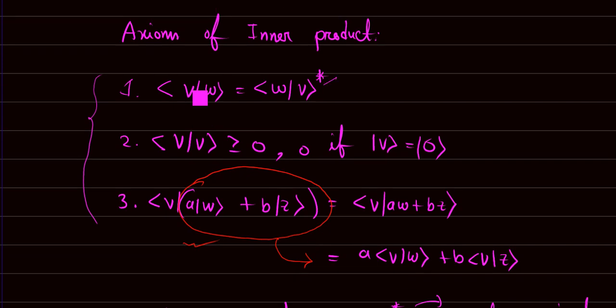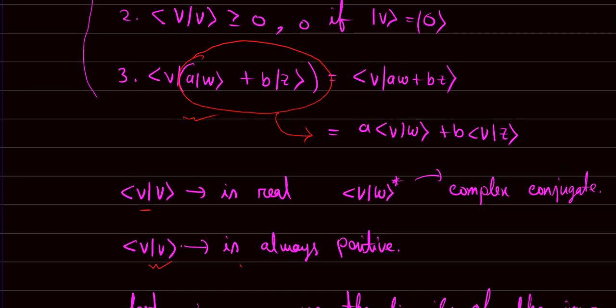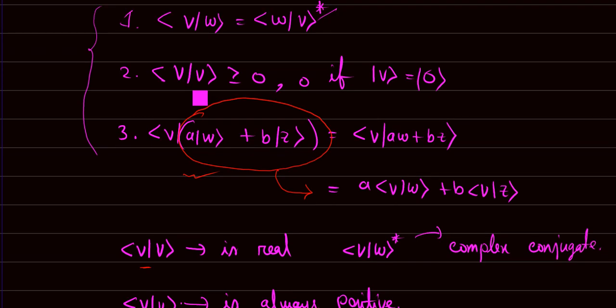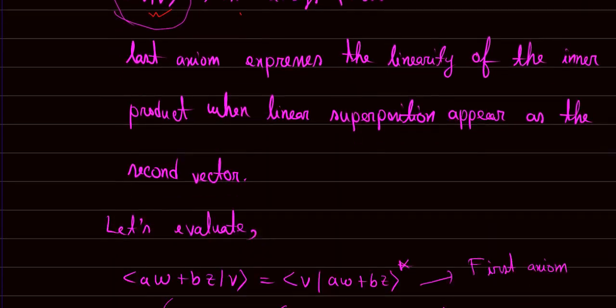That's why we have to take the complex conjugate. And the second one shows us that the inner product of V with itself will always be positive, and the last one just tells us the linearity if superposition occurs in the second vector. But if the linear superposition occurs in the first vector, they don't follow the linear property.